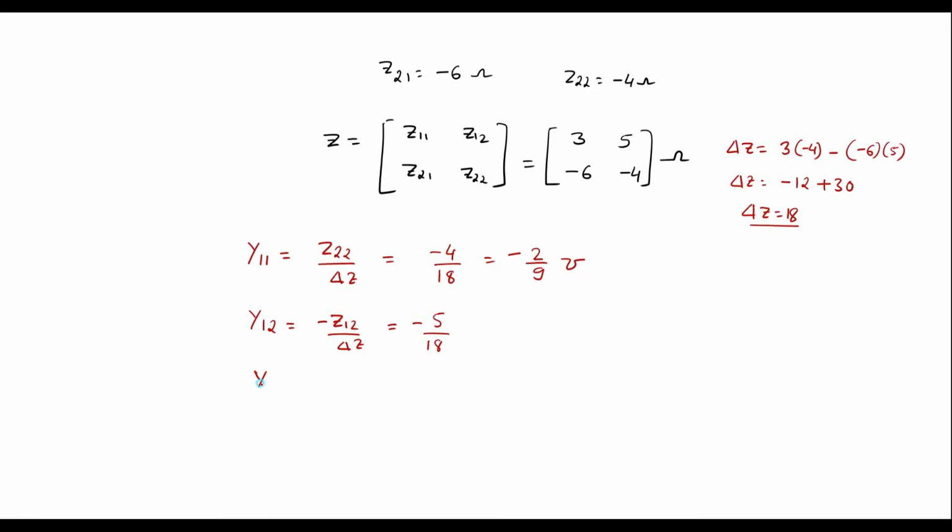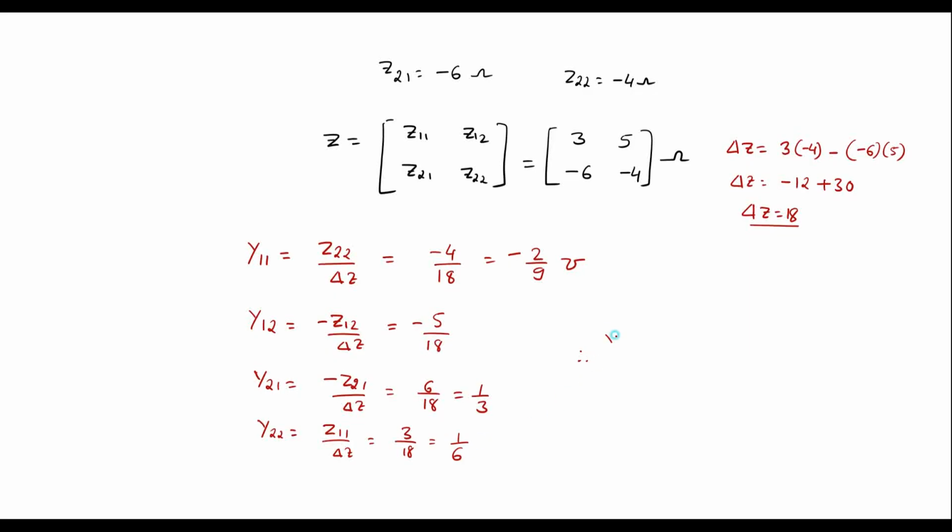We have Y21 is equal to minus Z21 by delta Z. Z21 is minus 6, so the minus will become plus 6 by 18, which is nothing but 1 by 3. Finally, Y22 is equal to Z11 by delta Z. So Z11 is 3 by 18, which is nothing but 1 by 6.